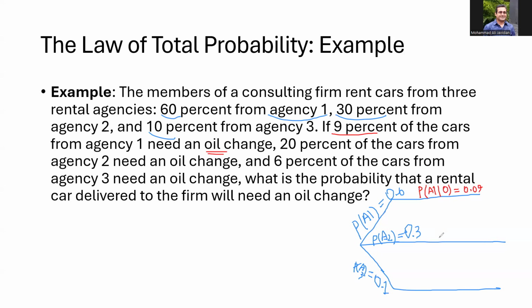And for the second one, P of O given A2, the probability that in A2 we need the oil change is 20%, which is 0.2. And for the third one, P of O given A3 equals 0.06, which is 6%.